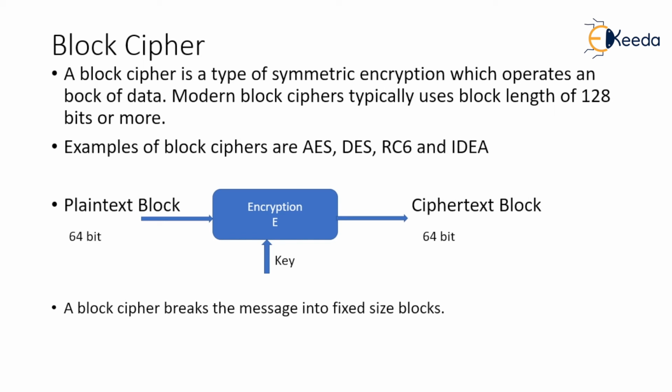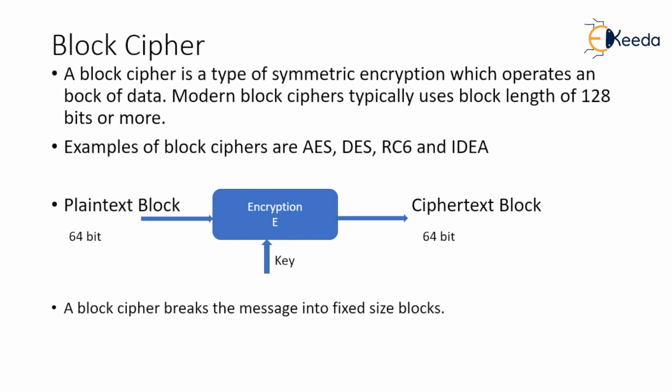In your syllabus, RC6 is not present, RC5 is there, IDEA is not there, but these are given as simple examples of block ciphers, which work upon a block size of your plain text, and that complete block gets converted into the ciphertext instead of bit by bit conversion.